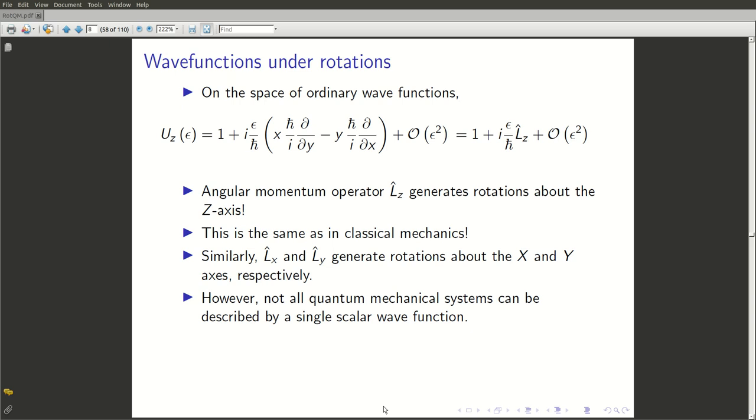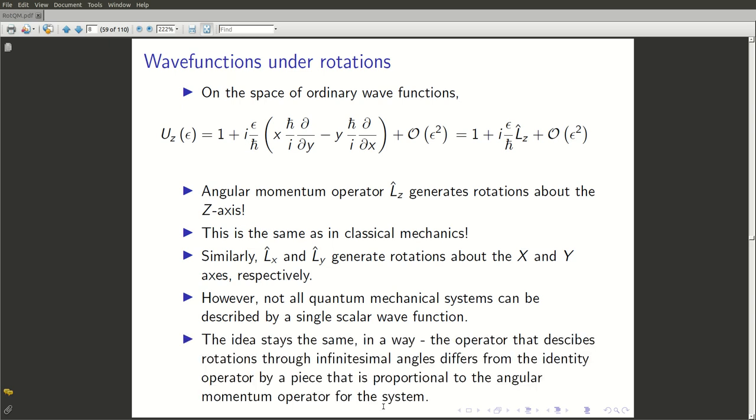Well, it's not all that different. The idea stays the same. All you say is that there is an operator in that particular Hilbert space which changes the vector describing the state in the original coordinate system to a new vector describing the state in the new coordinate system.